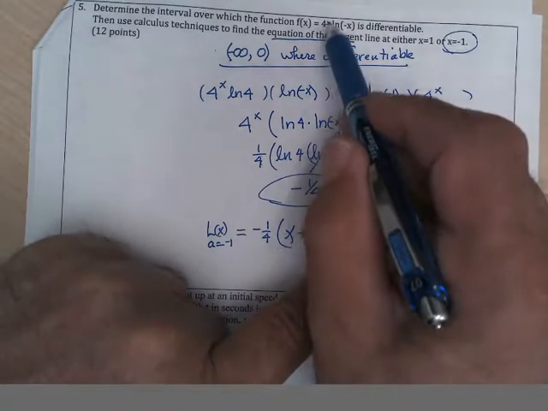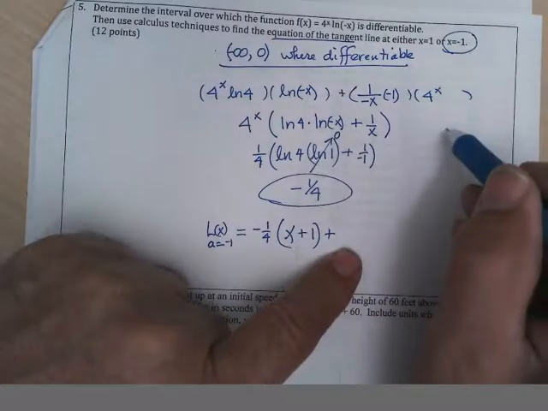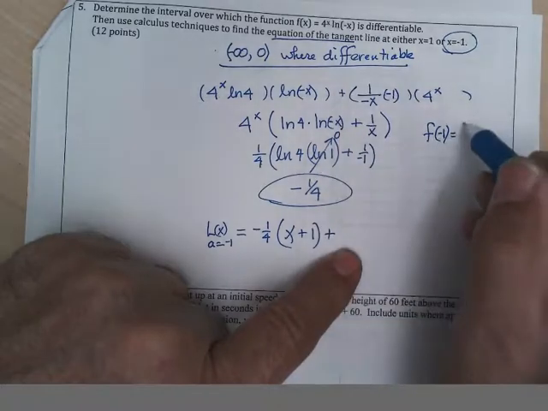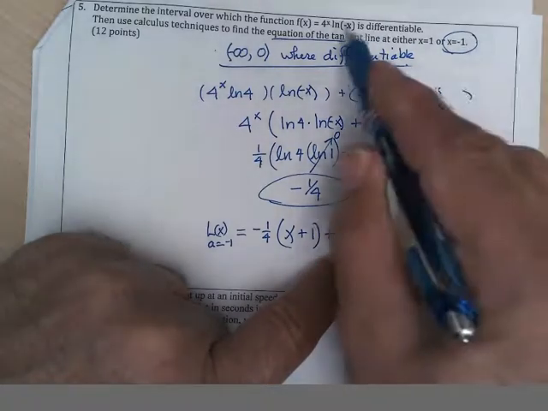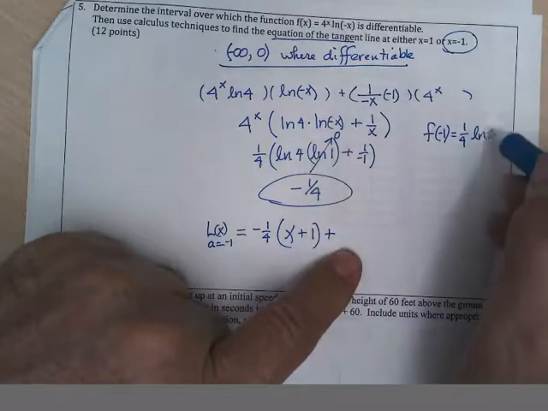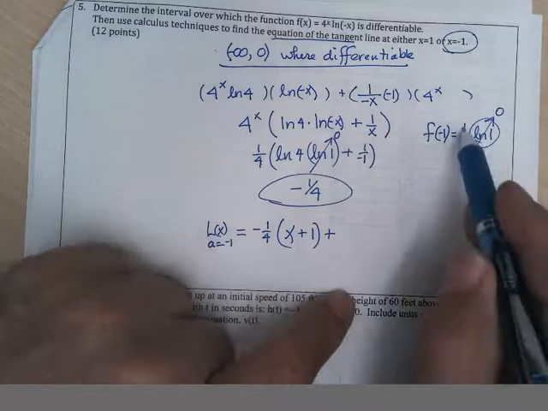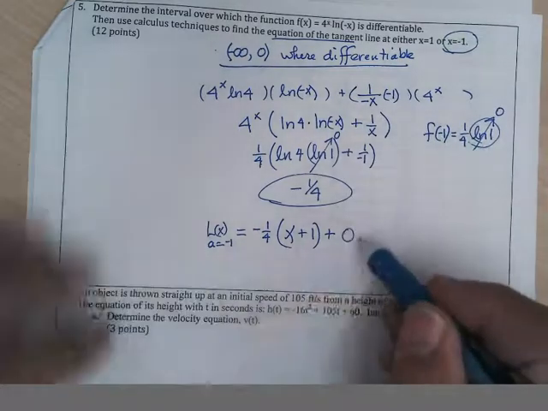So f of minus 1 would be 4 to the minus 1, which is 1/4, times ln of minus a minus 1, ln of 1, and ln of 1 is 0, so we get 0 times 1/4, or 0.